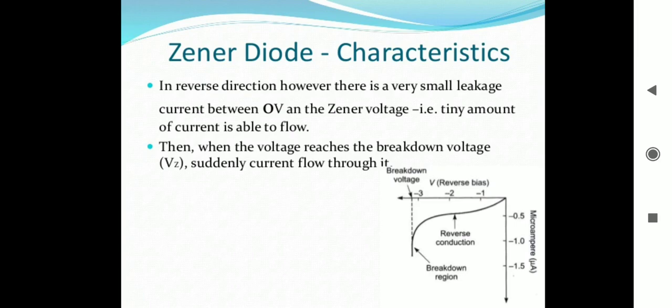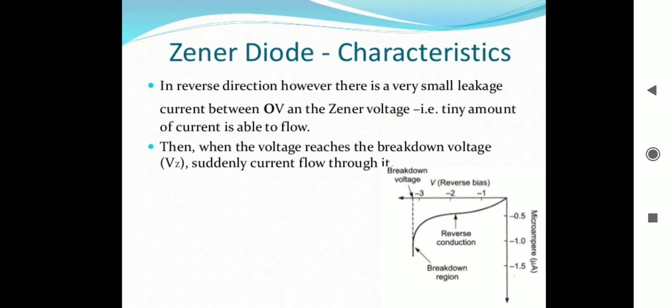From the package point of view, Zener diodes come as leaded devices and surface mount, either as a discrete device or within an integrated circuit. Then next point, Zener resistance: the diode has some resistance, as seen from the VI characteristics. So these are some specifications related with the Zener diode.